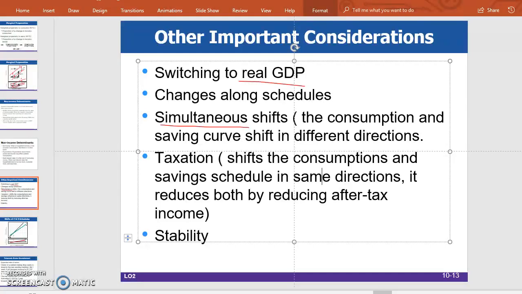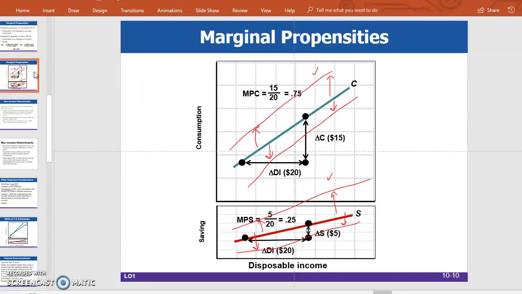So they will consume less, and also because their after-tax income is lower, they will be able to save less also. So in the case of taxation, both consumption and savings curves will shift down, right? In here, both of these will shift down, which means that for any level of disposable income, we are consuming less, also we are saving less.